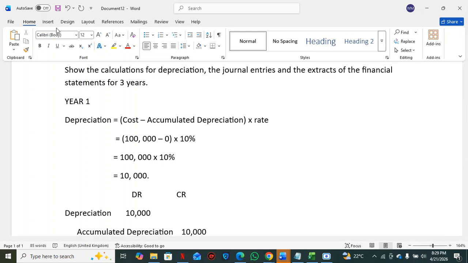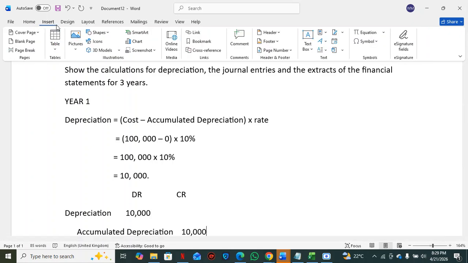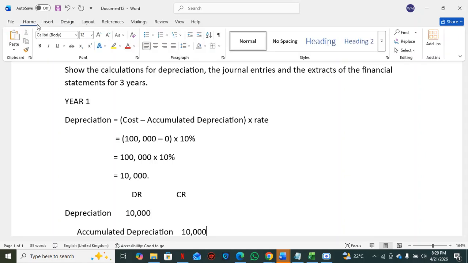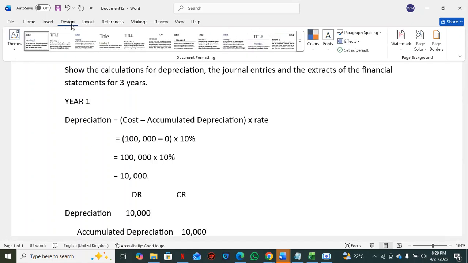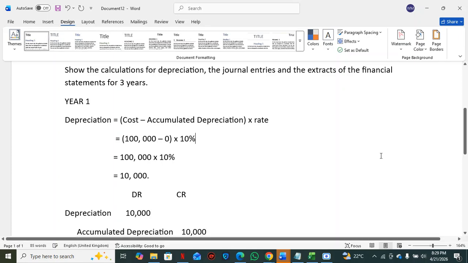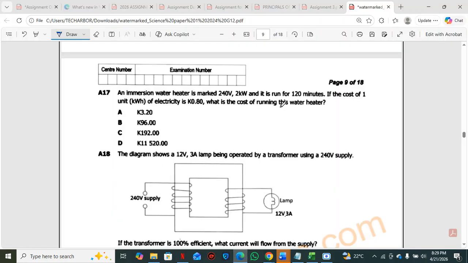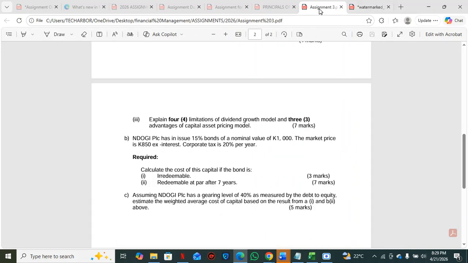So let me show you what's happening in the T account. Let me use here where I can draw. For year one, the depreciation expense account, and you have the accumulated depreciation.